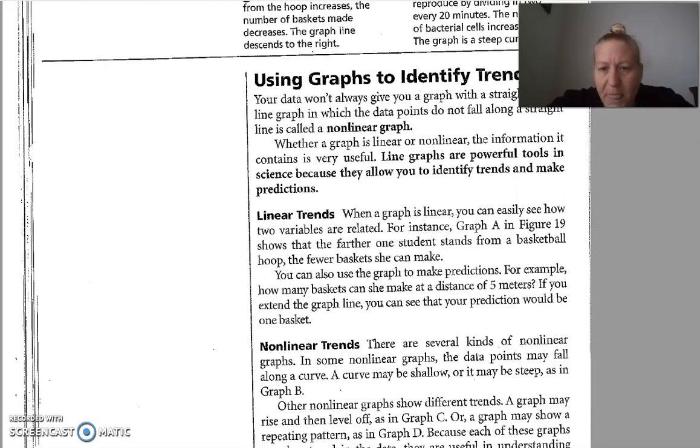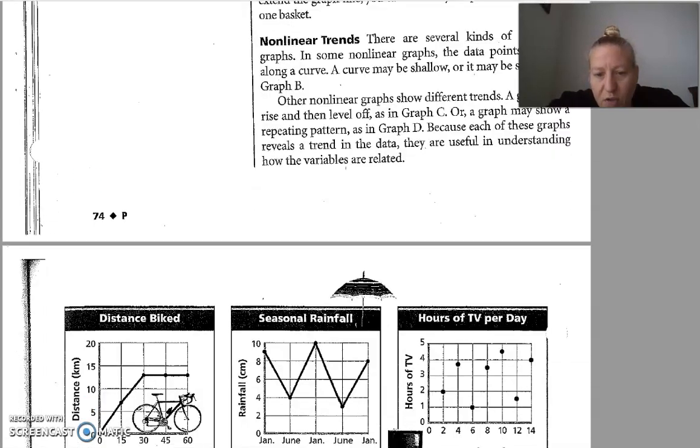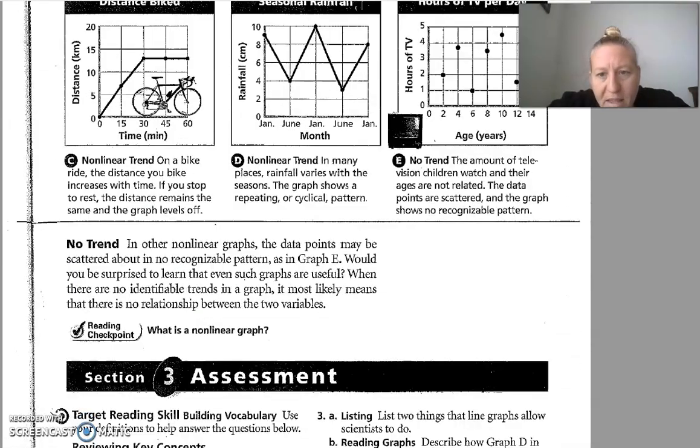Linear trends. When a graph is linear, you can easily see how two variables are related. For instance, graph A in figure 19 shows that the farther one student stands from a basketball hoop, the fewer basketballs she can make. You can use the graph to make predictions. For example, how many baskets can she make at a distance of 5 meters? If you extend the graph line, you can see what your predictions would be.